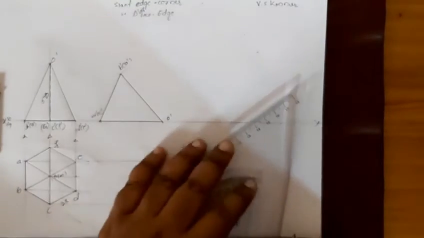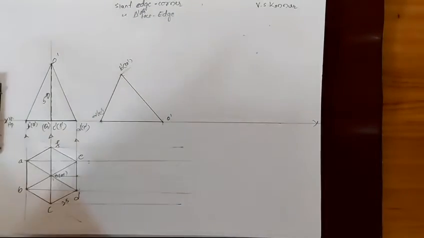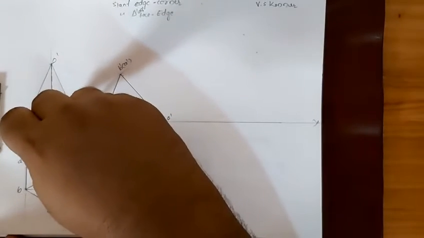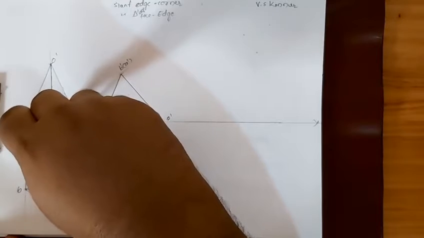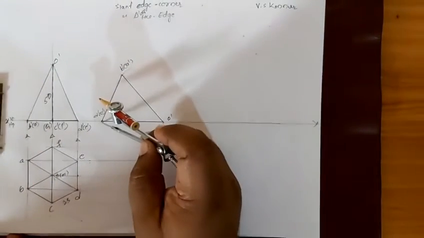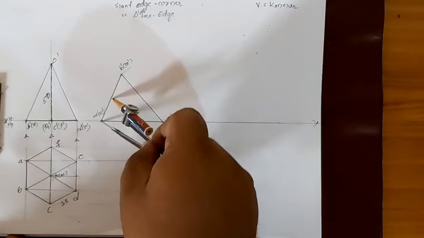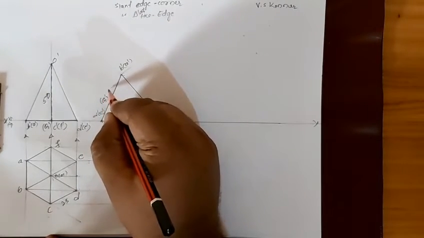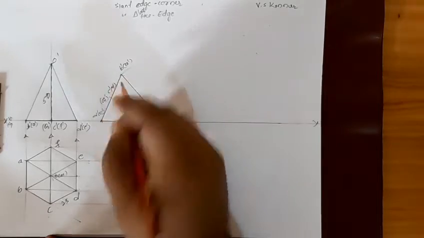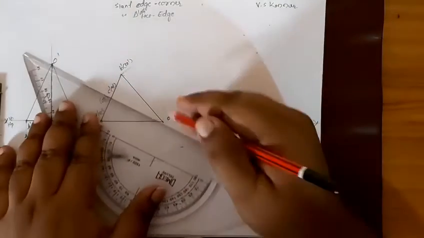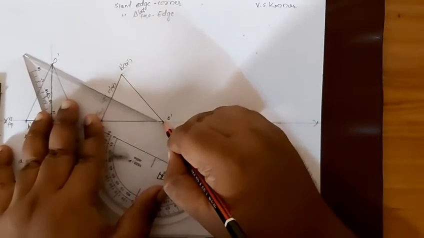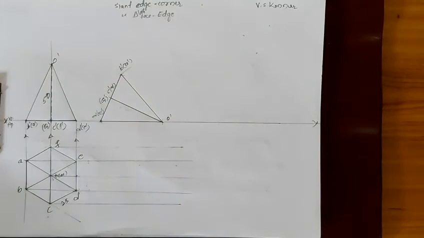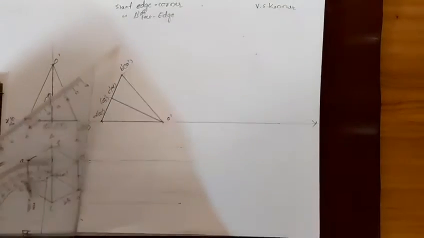Next we'll cut it by centering D dash, E dash distance to the O1 dash. Keeping it at D dash, E dash, we'll cut it, and here we'll get O1 dash and also C dash, F dash. We'll join those points also. This is the front view, resting on one of its slant triangular faces.